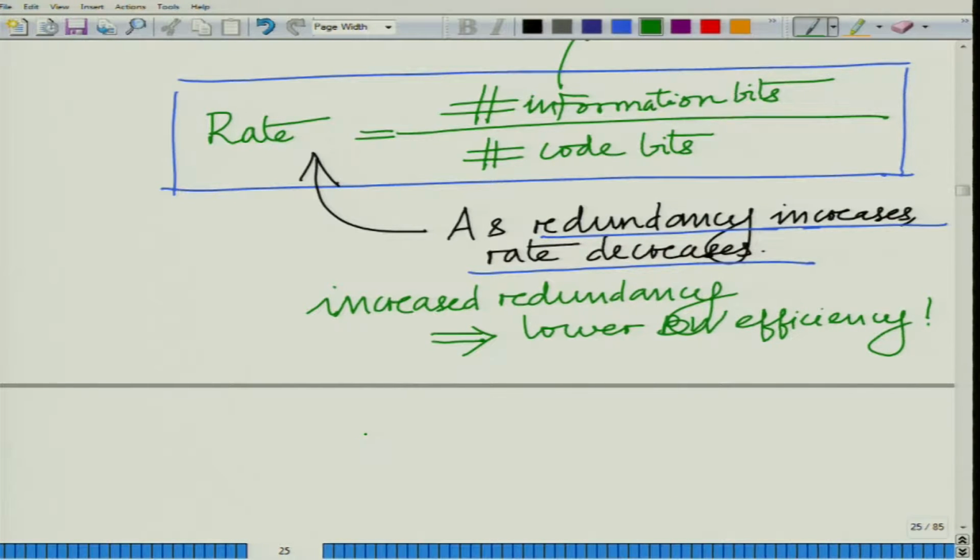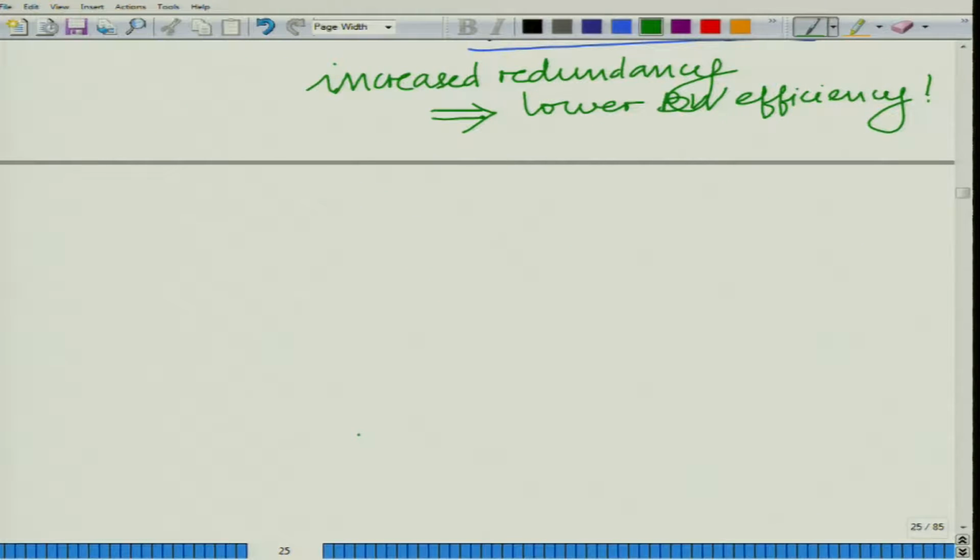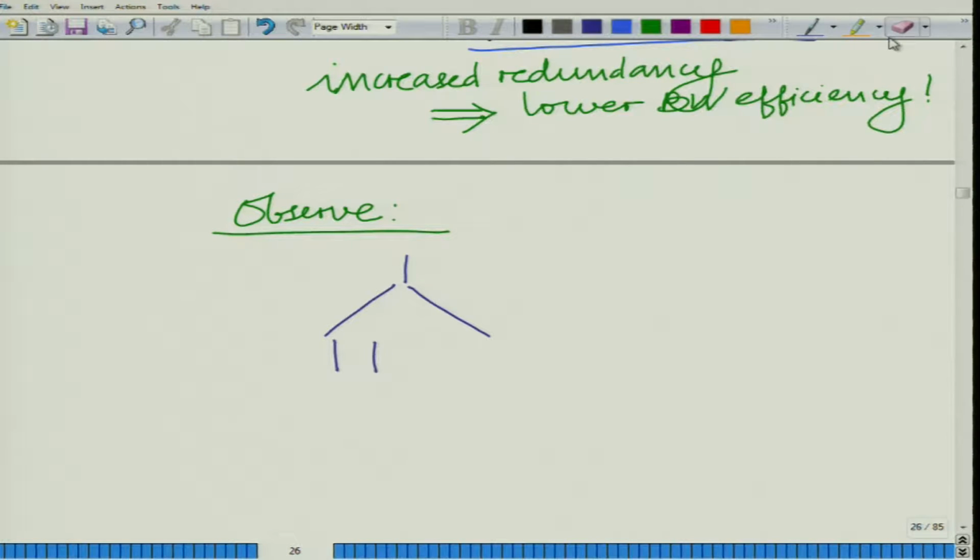Now also observe that you have this 1, which has been repeated 3 times.